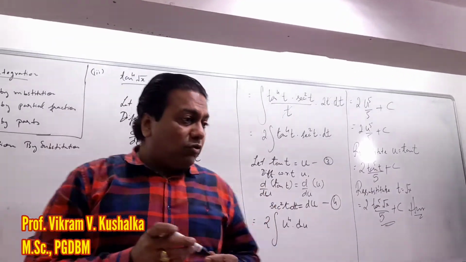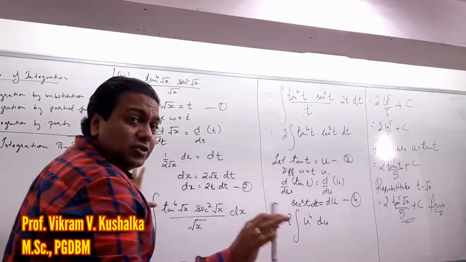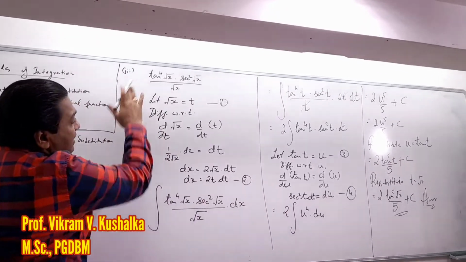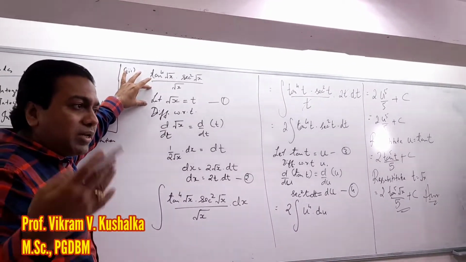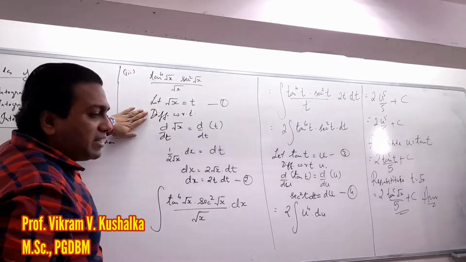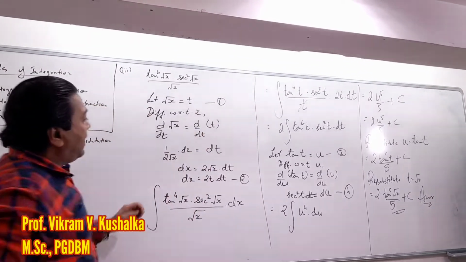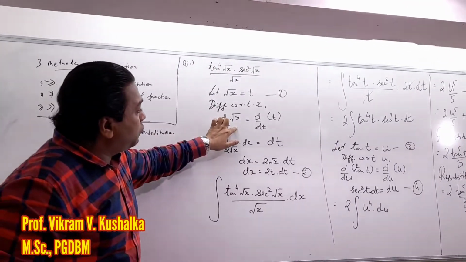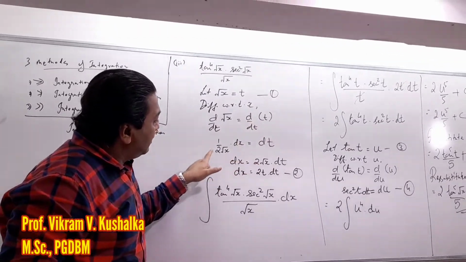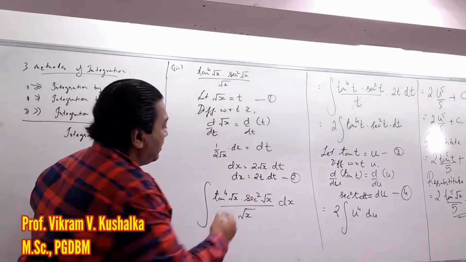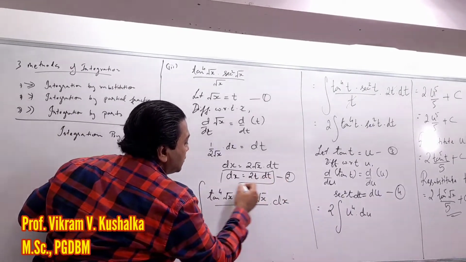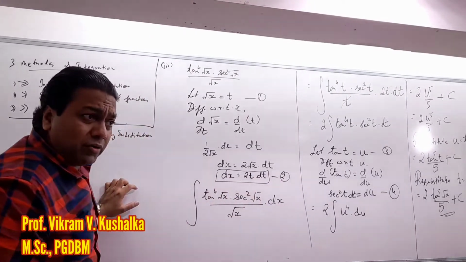So overall, if you look at the question very clearly, students, please see the first substitution was let root x equals t. We differentiated it with respect to x, correct? And I get d by dt of root x is equal to d by dt of t. I get the differentiation finally coming to the second equation, dx is equal to 2 into dt.